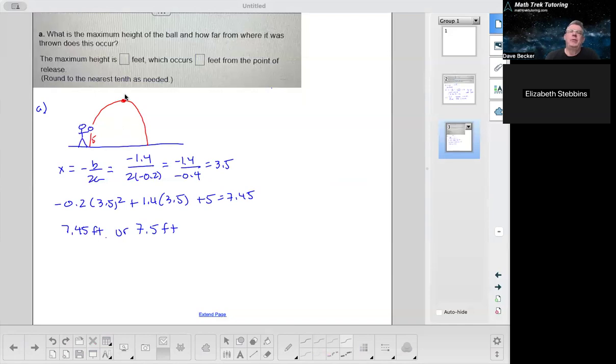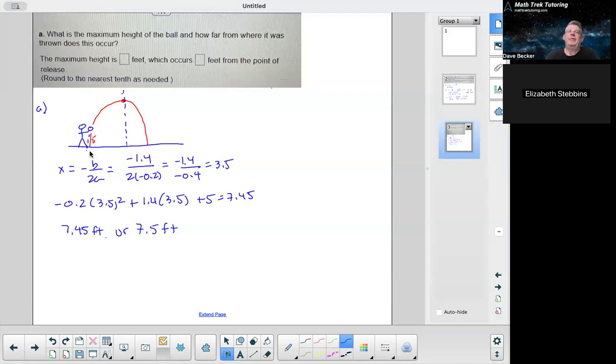My question is, we have to find... I think it would be 7.5 and then 3.5, because 3.5 is actually the distance from the ground. Like if the ball had started down here, that would be 3.5. Does that make sense? Okay.